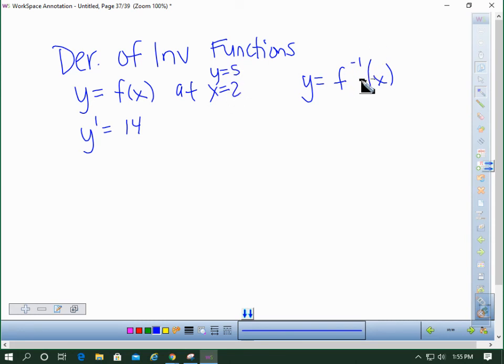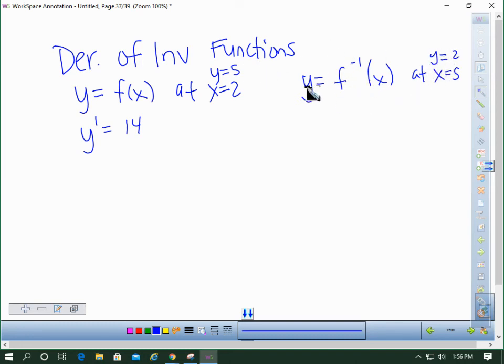So over here, I want to find the value at x equals 5. Remember, because the domain and range switch, for this function x is 2 and y is 5, but for the inverse, my x would be 5 and the y would be 2. I'm just trying not to come up with specific functions. So remember your domain and range switch.